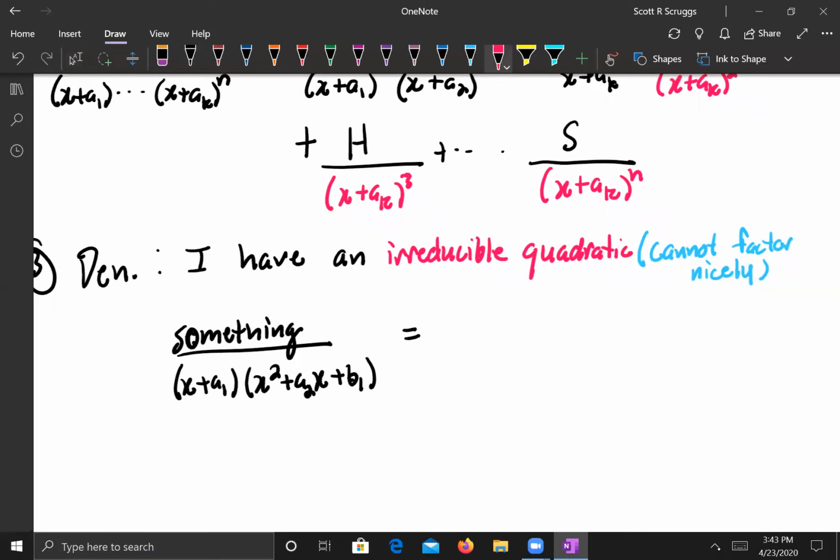Just like in cases 1 and 2, I'm going to set it equal to x plus a1. But once I hit the part where I have an irreducible quadratic, I'm not just going to put the constant a in there. My metaphor is still what goes on the numerator.